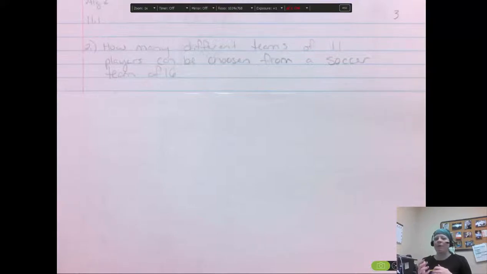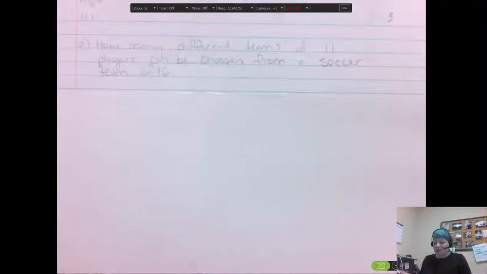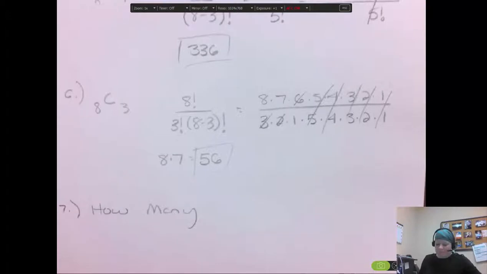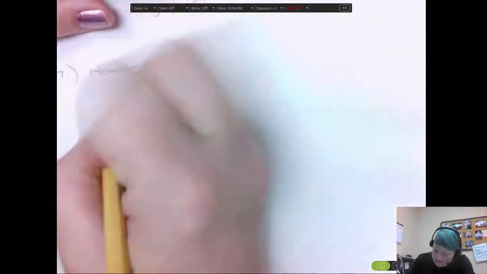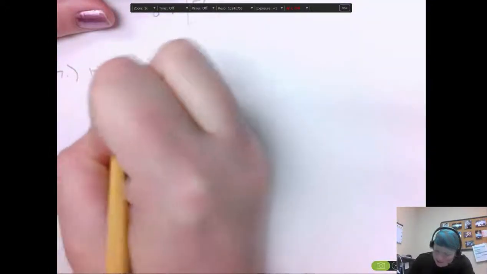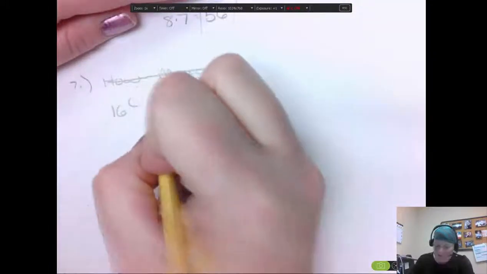Does order matter when you're choosing for a soccer team? No, order doesn't matter. So we're going to be a combination. And so how would I do a combination for this one? It would be a total of 16, and you would choose 11 from that.